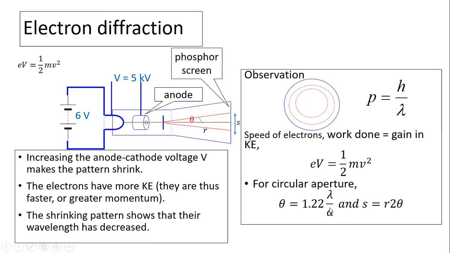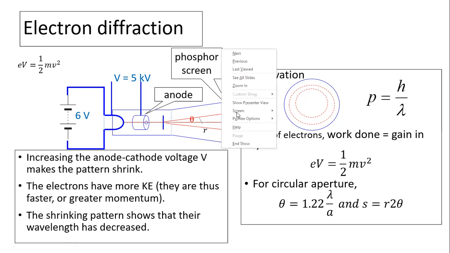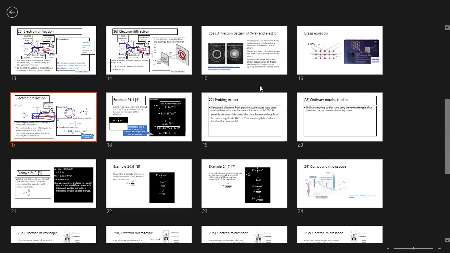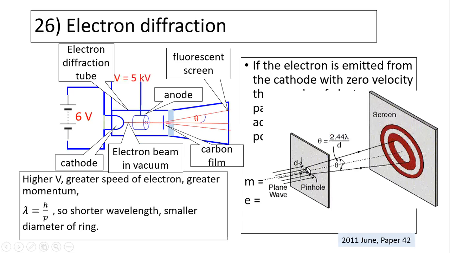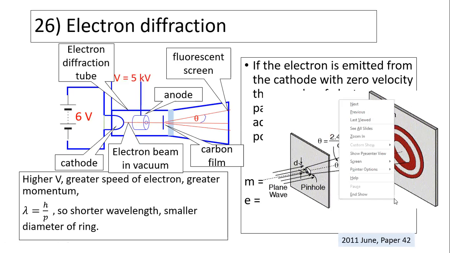For a circular aperture, we use 1.22 lambda over a. Remember that is your theta. The theta here is different, so don't get confused. The theta here is two times the previous theta. That's why you have 2.44 lambda.